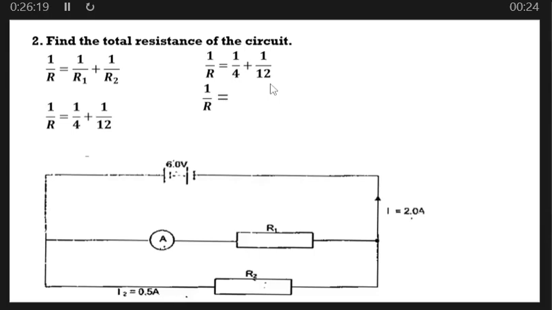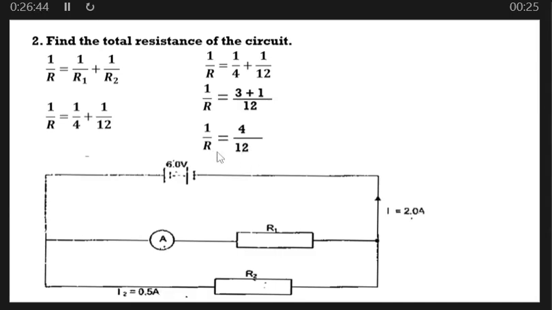In this case 12 itself, so the common denominator is 12. So 4 into 12, 3. 3 times 1, 3, plus 12 into 12, 1. 1 times 1, 1. Then we'll say 1 over R is equal to 3 plus 1, 4 over 12.